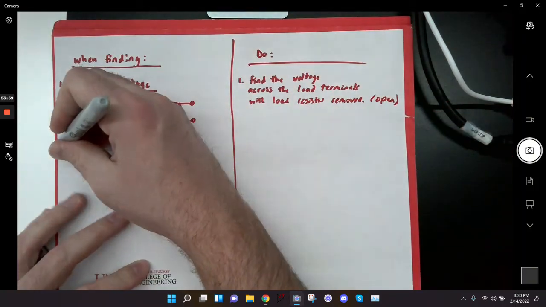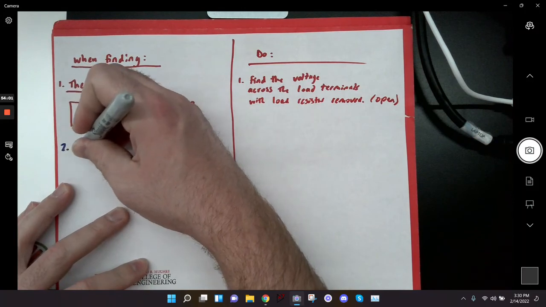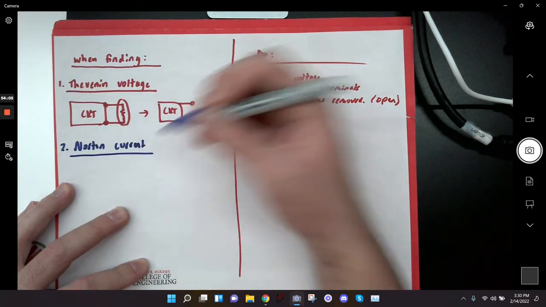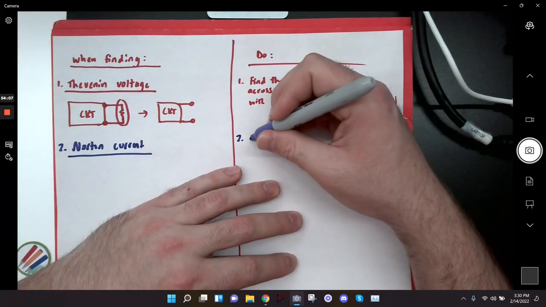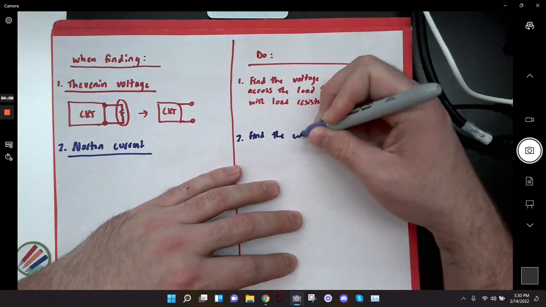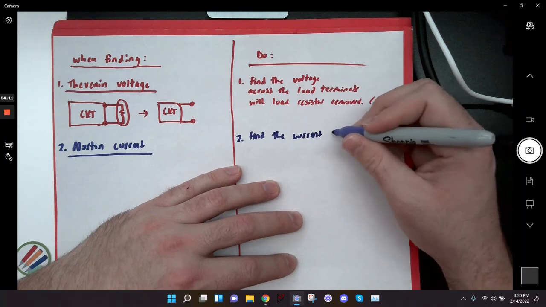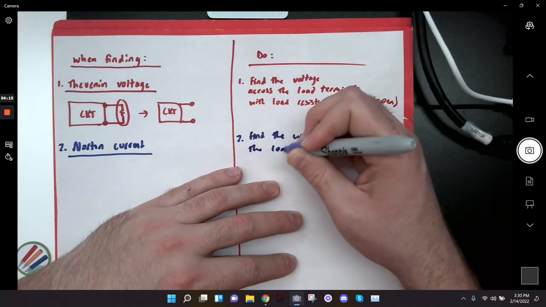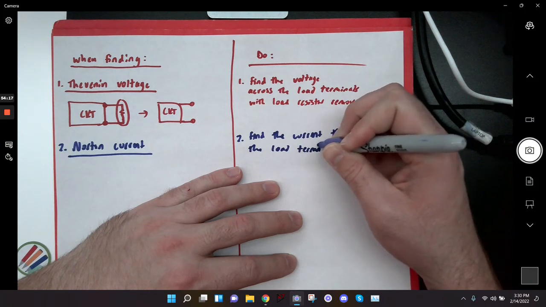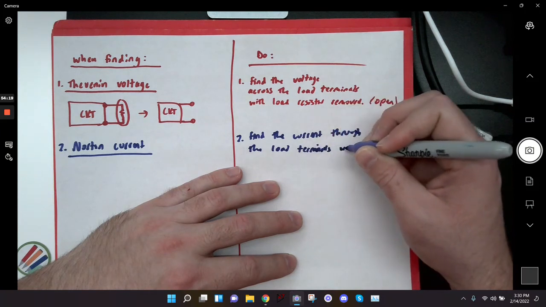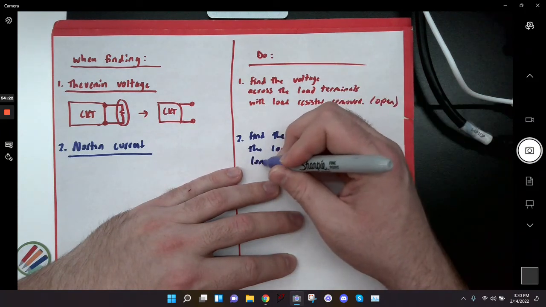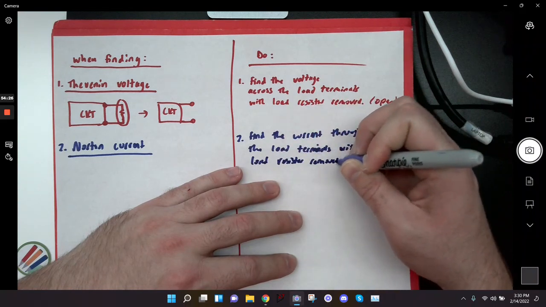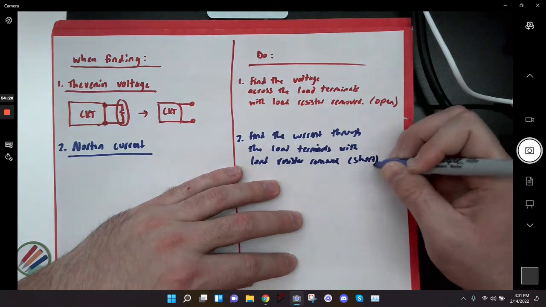When I find my Norton current, I am trying to find the current through the load terminals with the load resistor removed, but it's a short. It's not going to be an open like this.